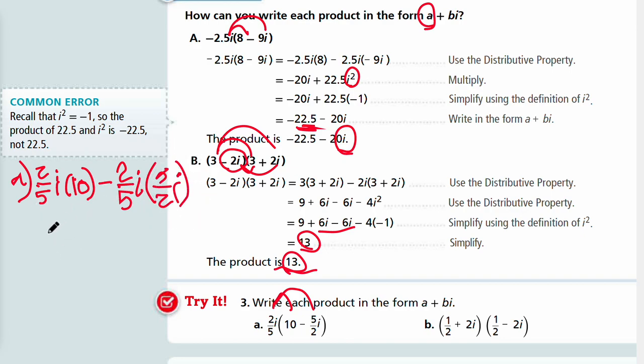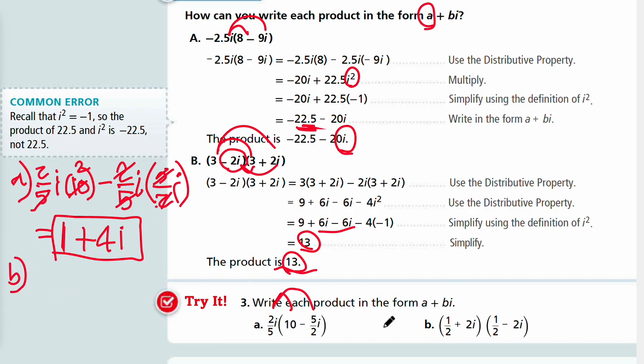Okay, and then if you simplify that, you'll have 1 times i squared, which would be negative 1, right? And so negative times negative 1 would just be 1. So you have 1 here, and then you have 2 times 10 divided by 5, multiply, you have 4i. And so your final answer should be 1 plus 4i.